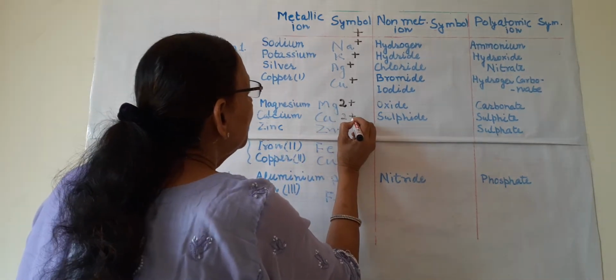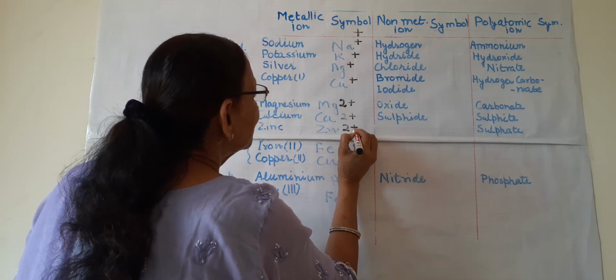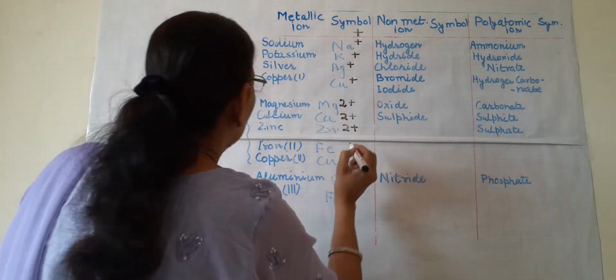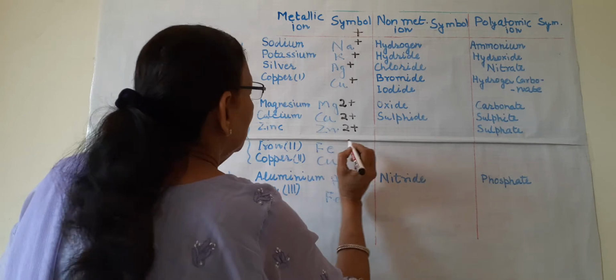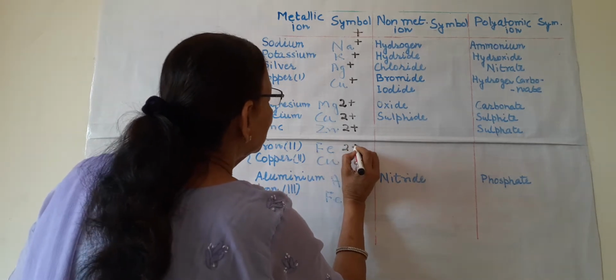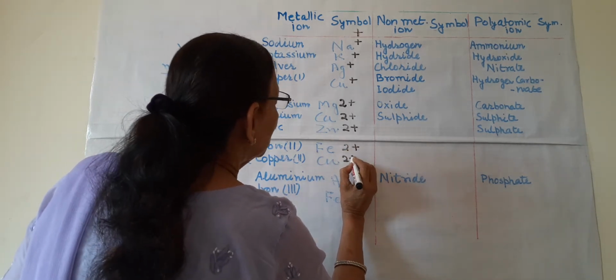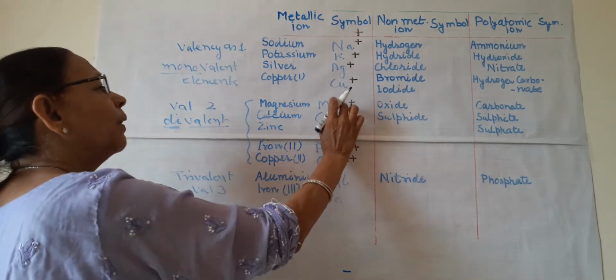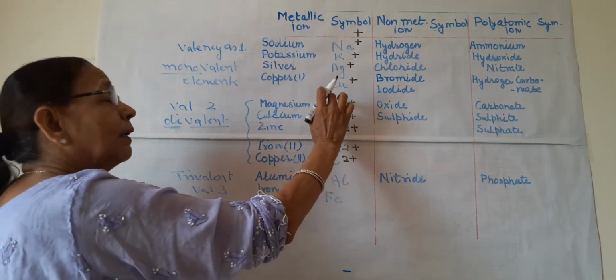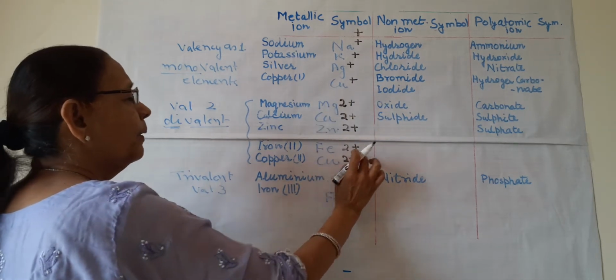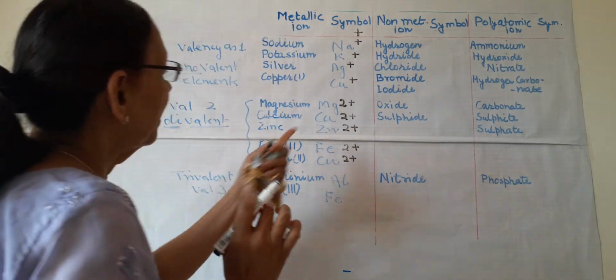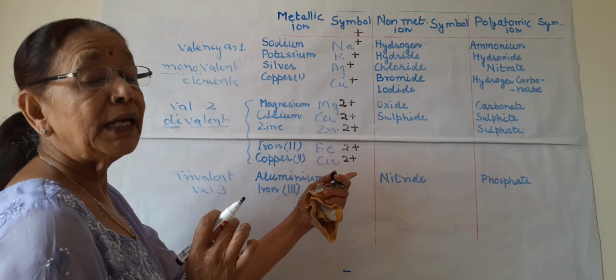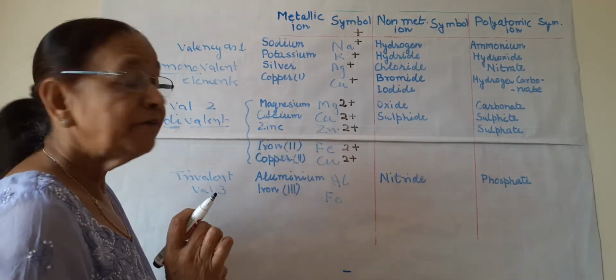Calcium also 2 plus. Zinc also 2 plus. This iron with 2 is also 2 plus. Copper is also 2 plus. We write on the top of Mg, 2 plus, and copper 2 plus. So these 5 have divalent or bivalent valencies.